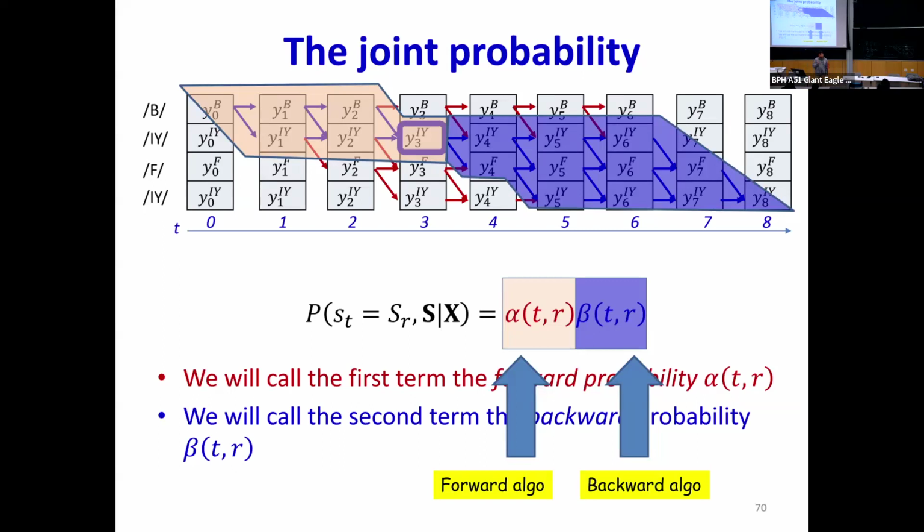That is going to be proportional to the probability that the third input aligns to the symbol E. If I want to compute the actual conditional probability, what this actually tells me is the probability that the entire input aligns to BFE and the third input aligns to the symbol E. So the product of the alphas and betas is simply going to be the total probability of the subgraph shown, which is the joint probability of the label sequence and the event that the third input is aligned to the symbol E.